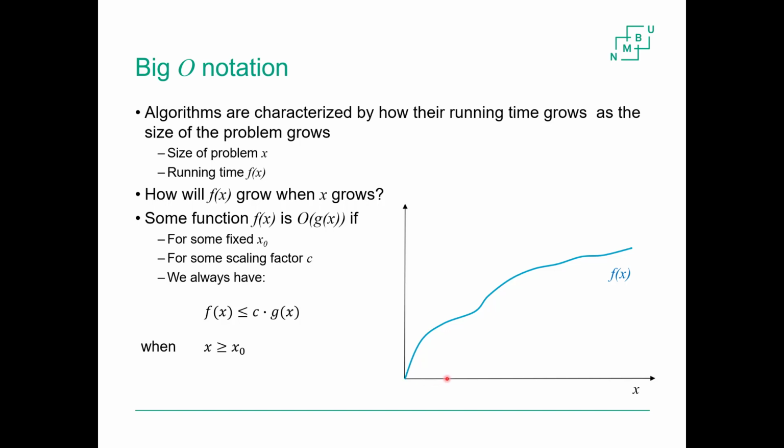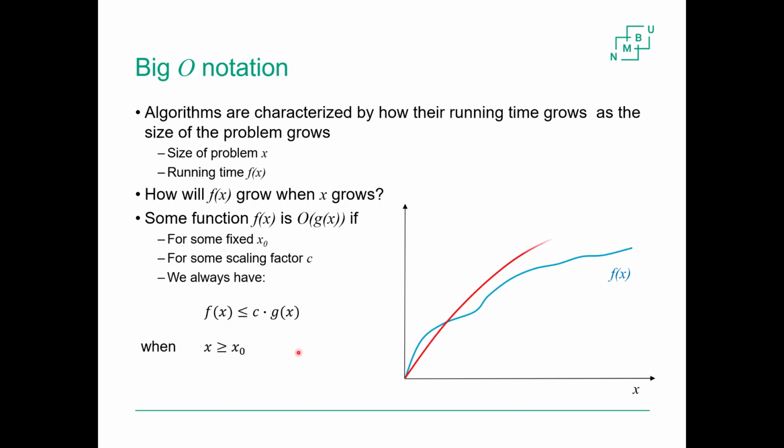So if the problem size is here, it takes this much time. Up here is sort of time, you could say, running time. And if you increase the size of the problem out here, it takes a little bit longer to solve this problem, right? But it goes a little bit like this.